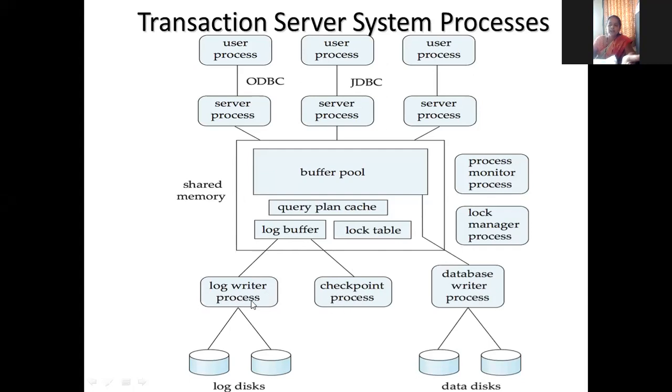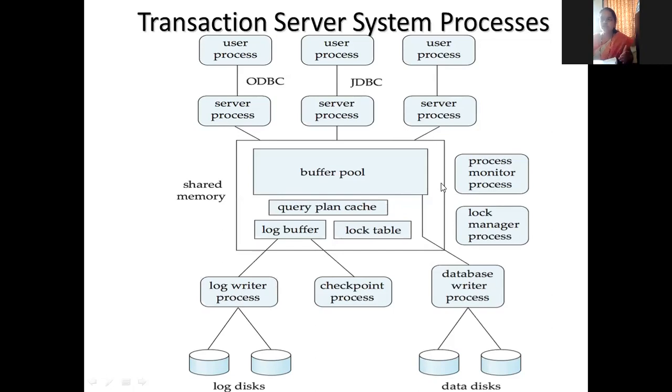Then the log writer process: in it, you put the logs, whatever processes happen during logging. What is the responsibility of the process monitor process? It monitors all the processes on the server side.